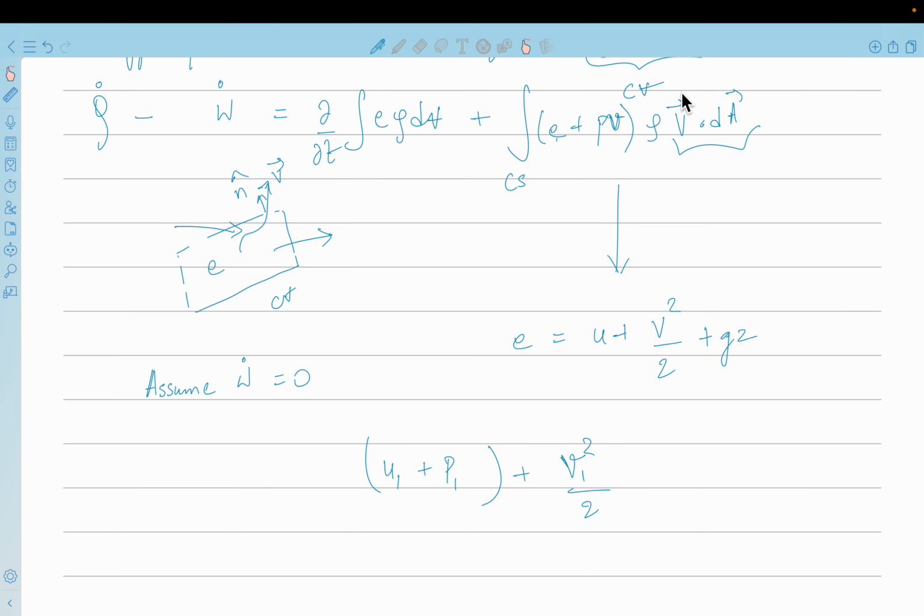Remember that this is pressure energy, where V is the specific volume, and this is kinetic energy, plus gz1. So this quantity remains conserved at two different locations, and this change is actually equal to Q dot. So this is possible if Q dot is 0.